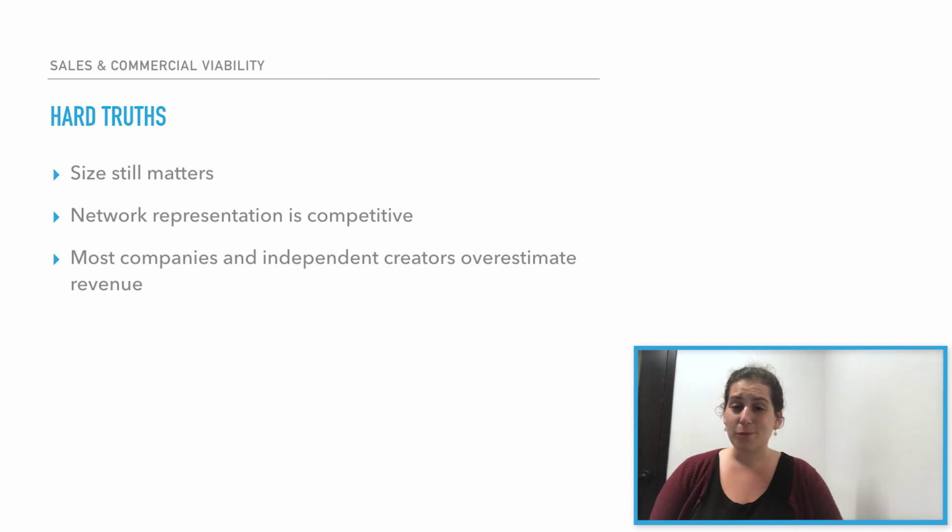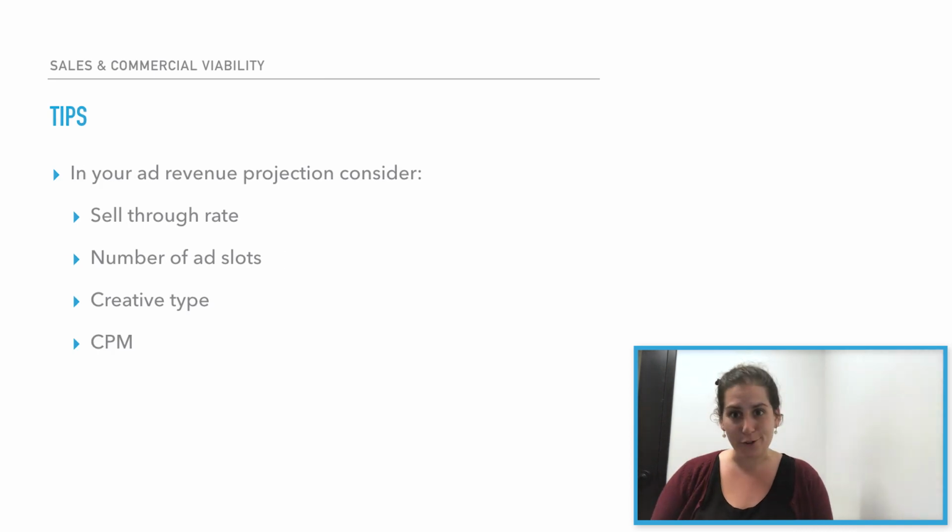And finally, whether you are a large company or an independent creator, most people overestimate their revenue for podcasts. It's an incredibly exciting medium and people want to jump right in, but since it's still kind of the Wild West and there are a lot of factors that new people to the space don't always understand, it's very easy to overestimate the revenue. So just keep an eye on that.